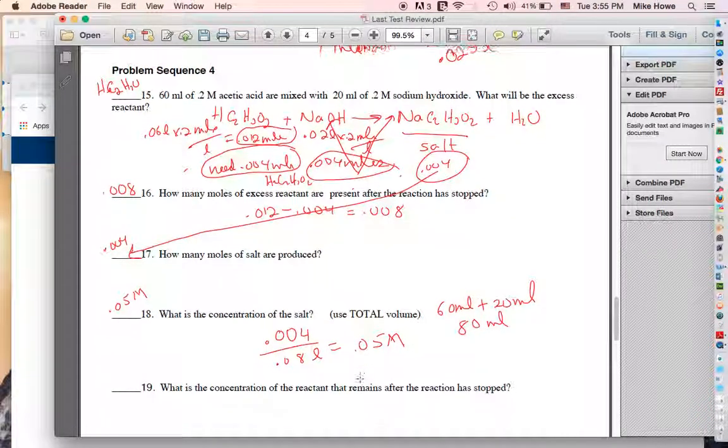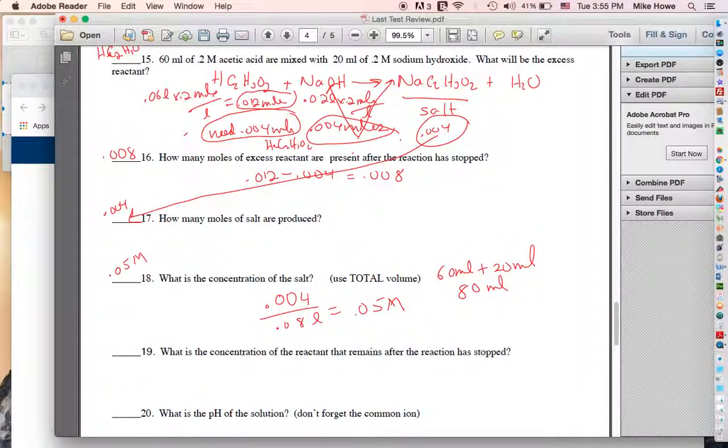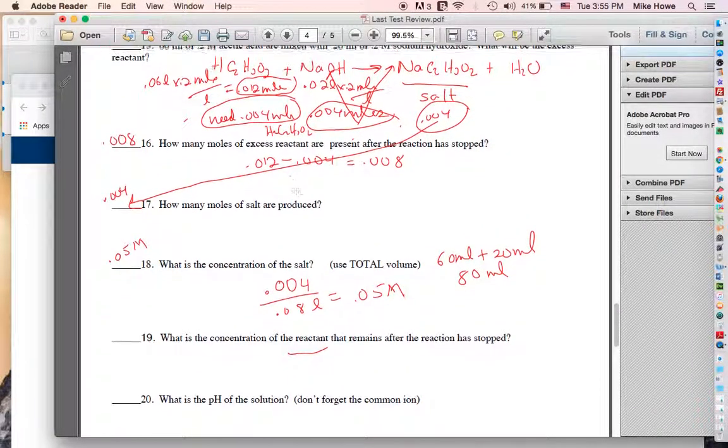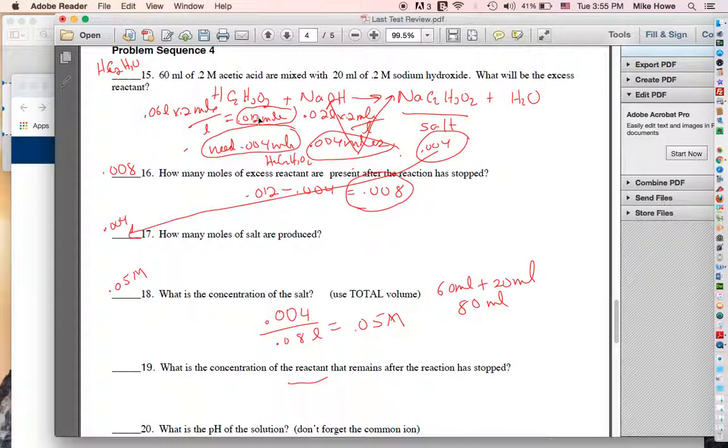Okay, the concentration of the reactant that remains. Well, what remained? The reactant that remained, what are the reactants? Reactants are acetic acid and sodium hydroxide. Didn't we find earlier that we had 0.008 moles of extra unreacted acetic acid, because we used 0.004, but I started with 0.012?